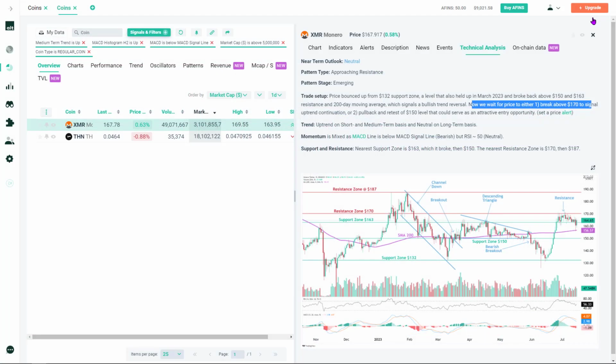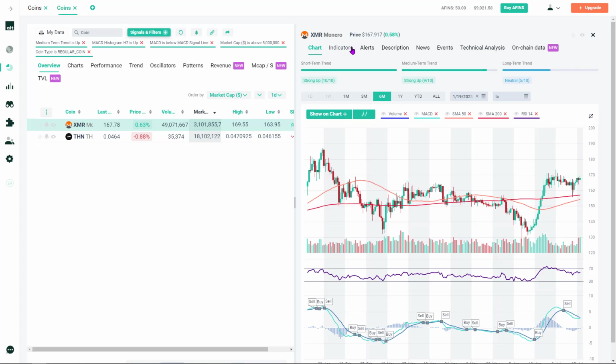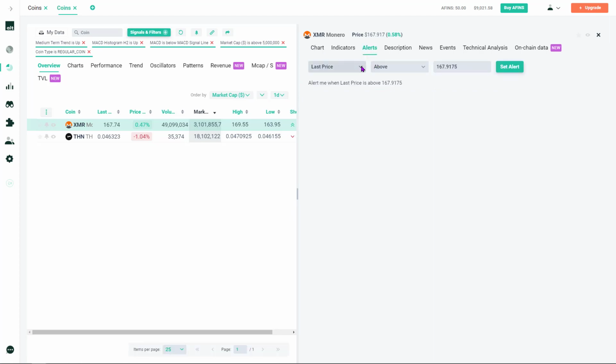All right, so what I'm saying here is that I like it, but I want to pick the right entry in this uptrend. I want to participate in this uptrend if it continues. So I want to make sure that I get alerted when the last price is above, let's call it $172, because it's never a specific level, but more of a range.